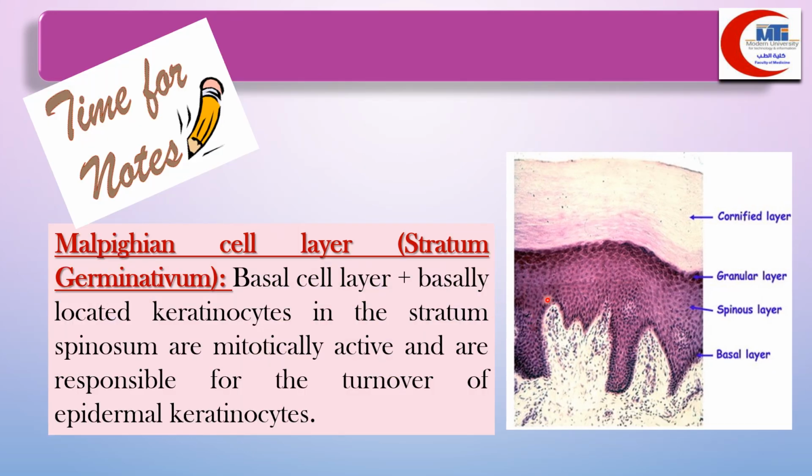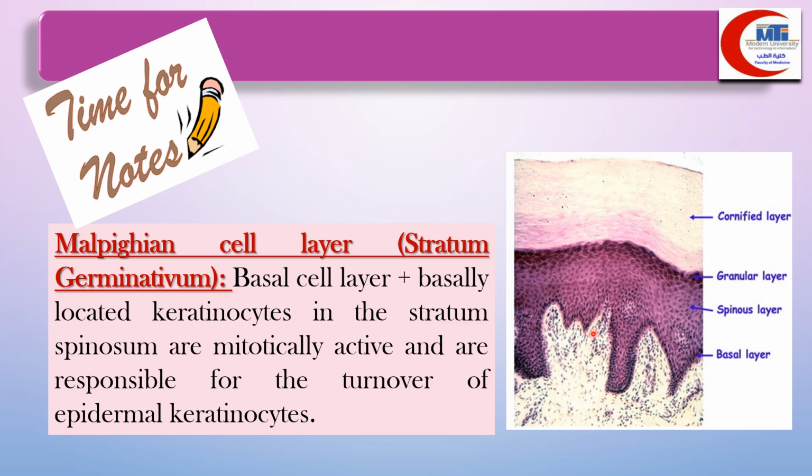The basal cell layer and the basal part of the stratum spinosum, the nuclei of cells of these parts show mitotic figures, as the cells are responsible for regeneration of the epidermis, and hence the name germinativum. Human skin or the epidermis is renewed every 15 to 30 days.